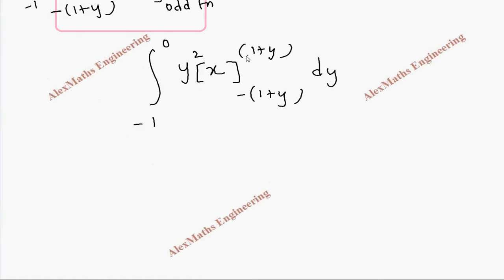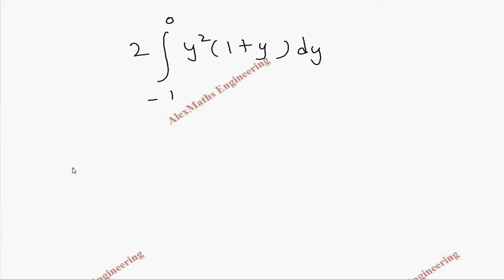When I apply the limit, upper limit minus of the lower limit, it becomes 2 times. So 2 y square into 1 plus y, we have minus 1 to 0, and we have dy. So now we are going to multiply this. So 2 into integral minus 1 to 0 y square plus y cube dy.